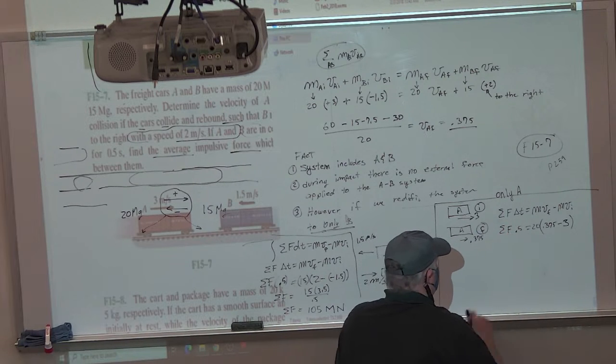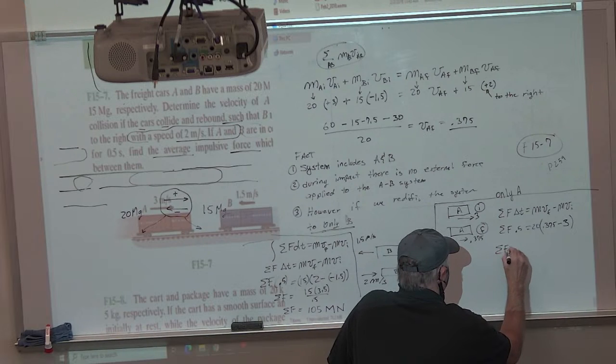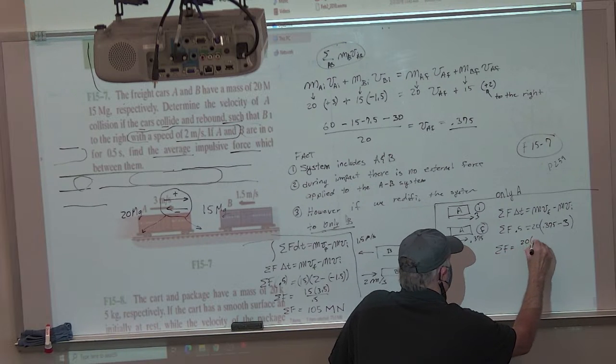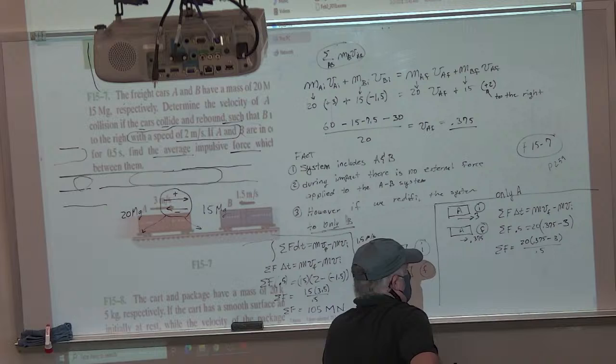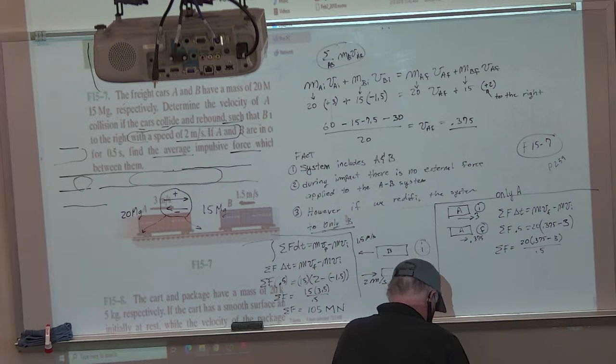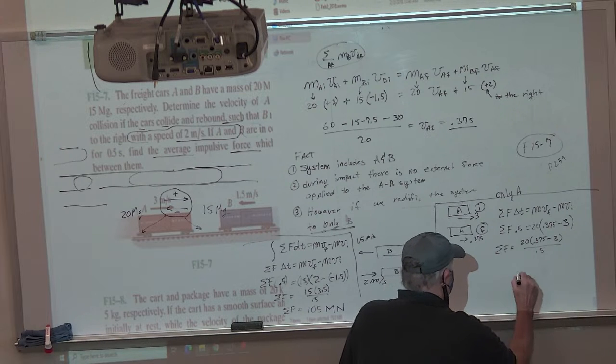Now, if I did everything right, let's see what we got. (0.375 minus 3) times 20 divided by 0.5, and it sure enough becomes minus 105.